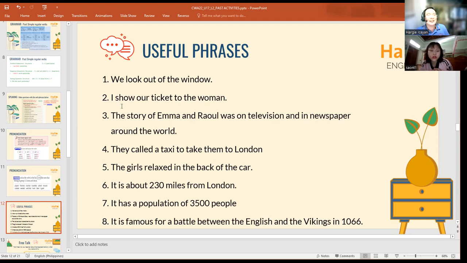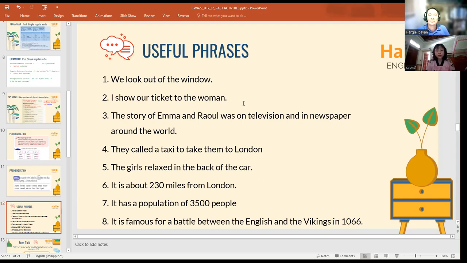Next, I show our ticket to the woman. What does it mean?